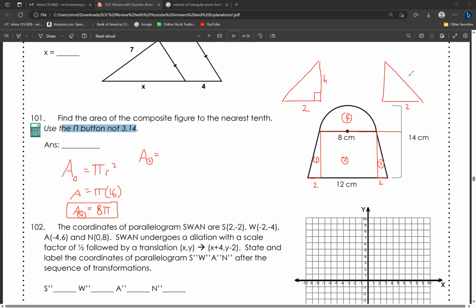This is 2, this is h, this is 90. This one is a little confusing. Yeah, all we need is this one h value. Once we have that, we'll know the rest of it.